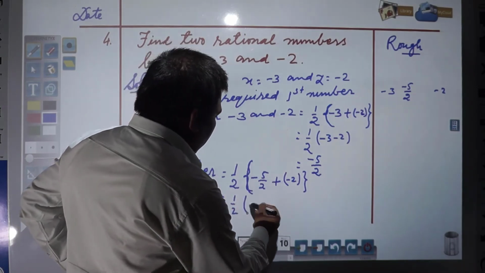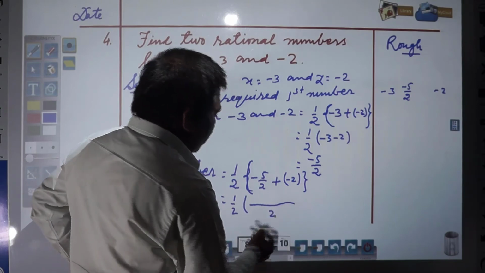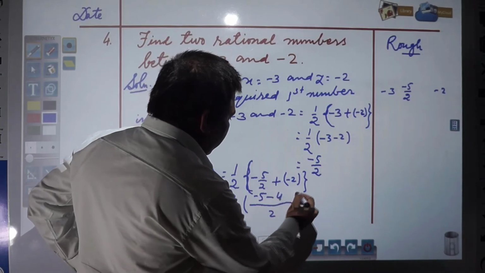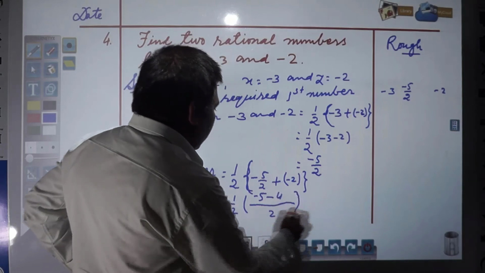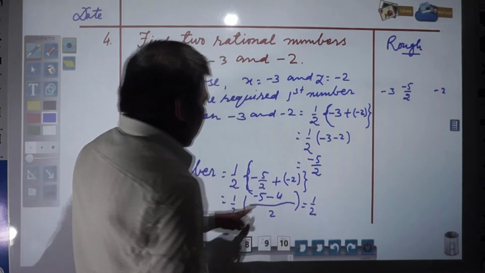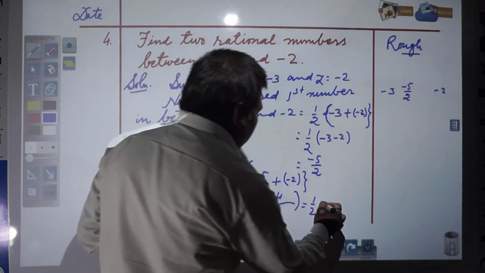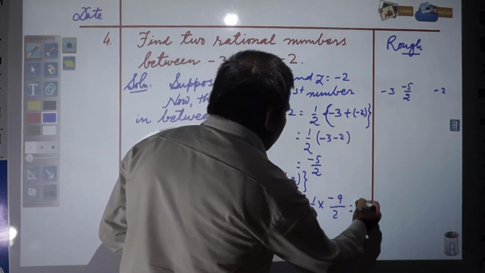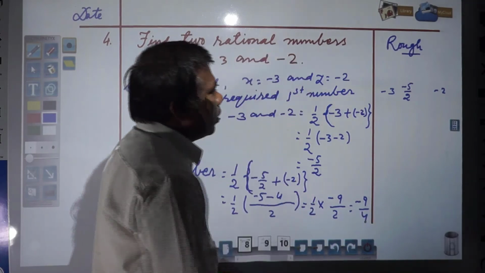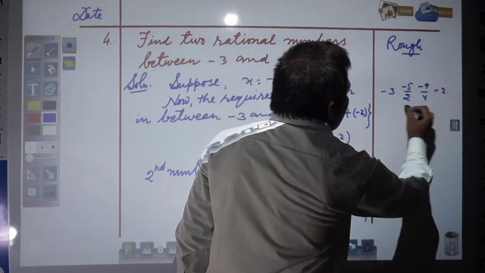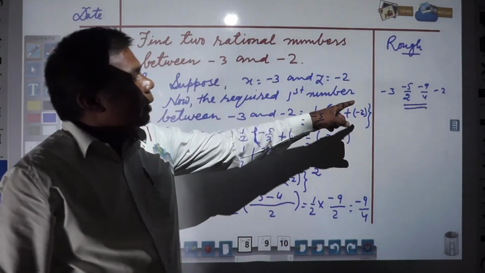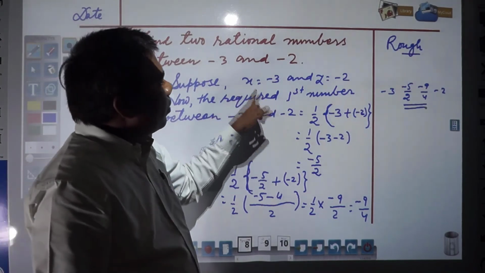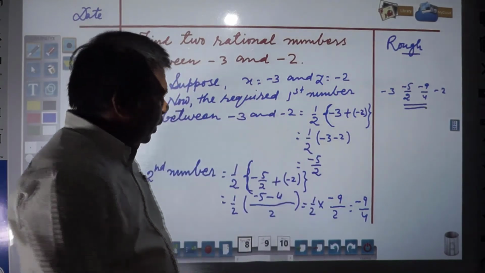Now LCM you will have 2. -5 plus, minus minus, 2 to the 4, so this will be 1 by 2 times -4 and -5, -9 divided by 2. So finally you got -9 by 4. So these two numbers you got: -5 by 2 and -9 by 4. So in this way, by applying the formula 1 by 2 times x plus y, we can find out.